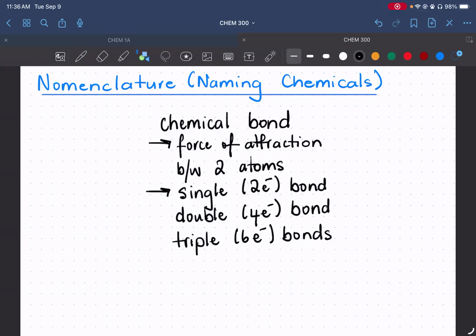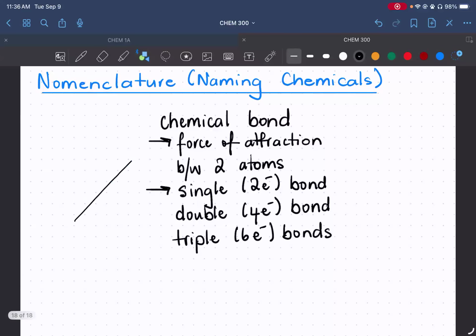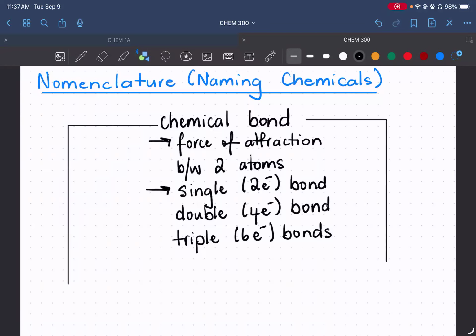To understand more, we recognize that a chemical bond can be broken up into 2 categories. One of which is known as an ionic bond, and one of which is known as a covalent bond.